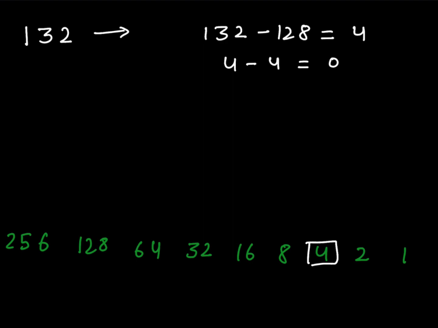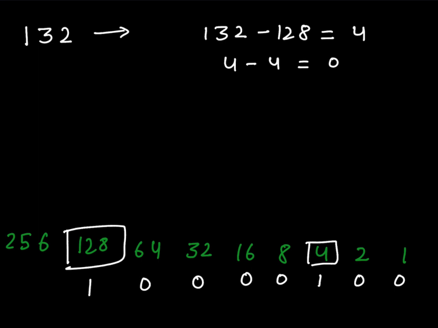Although this is a short example, you can do many more. Now to represent 132 in binary, we look at the numbers that have been subtracted. We had 128, we did not have 64, 32, 16 or 8, but we did have 4, and we did not have 2 or 1.